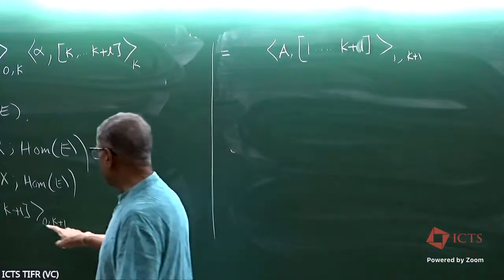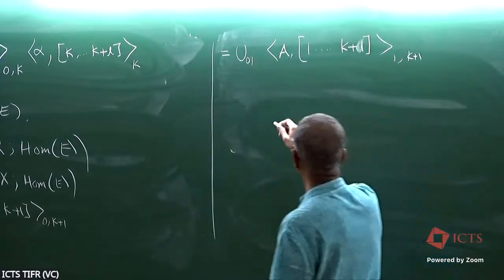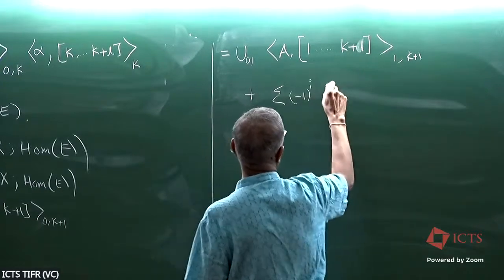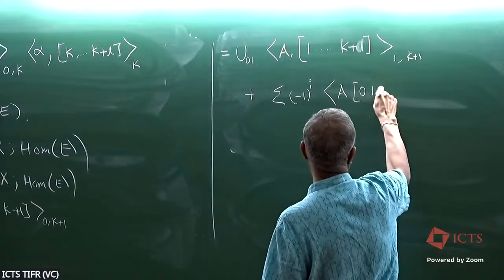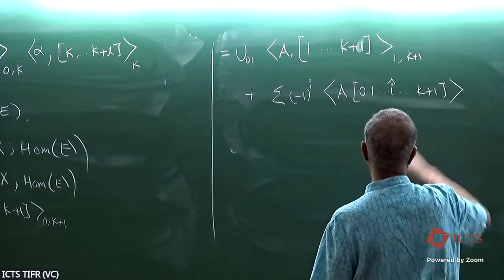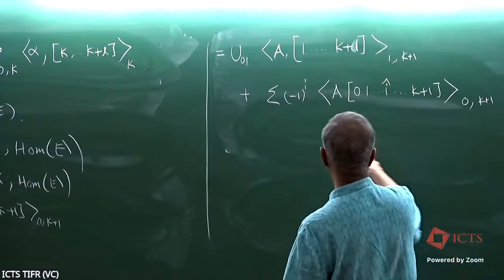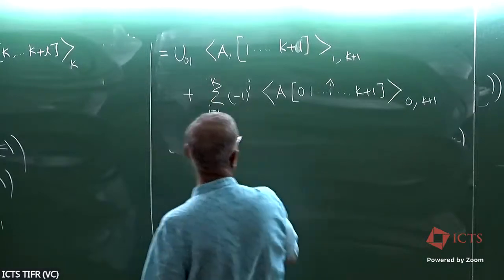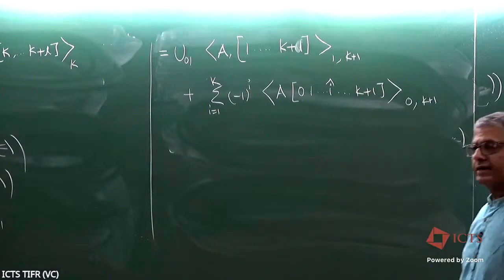But we want a map to 0, so you map to 0. And then you have A on 0, 1, missing K plus 1. That's a map from K plus 1 to 0 already, because we are only going from 1 onwards. But we don't go all the way to the end. Because if you remove the end, you have to treat that specially.